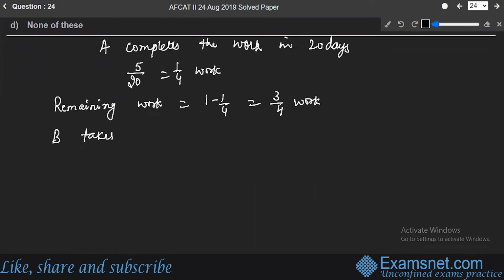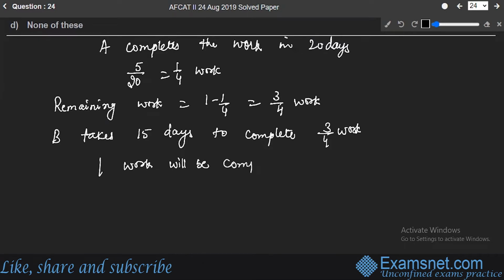So one work will be completed in how many days? 15 divided by 3 upon 4. That will be 15 multiplied by 4 by 3, or this will be 20 days. So B will complete the work in 20 days.